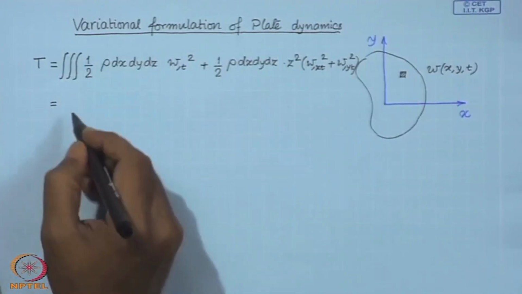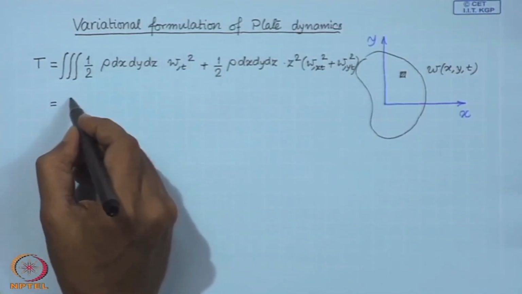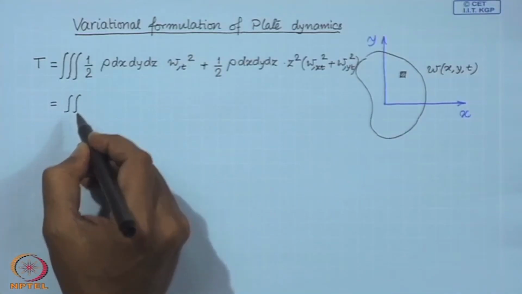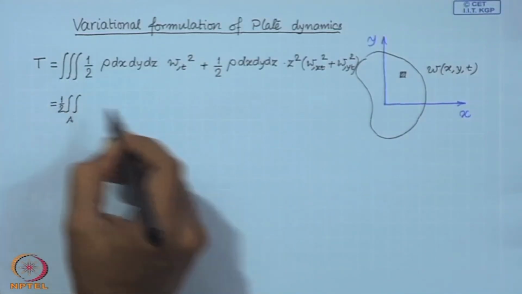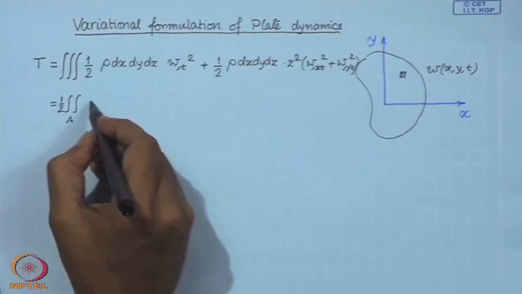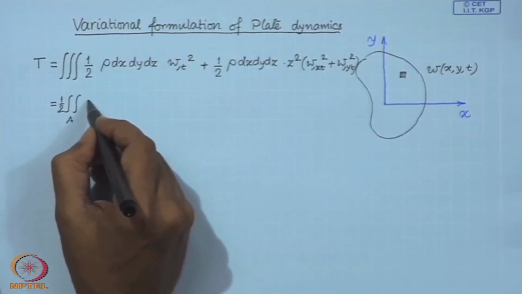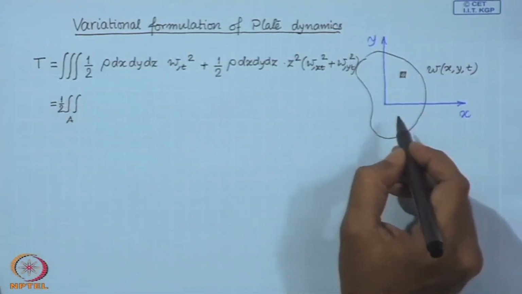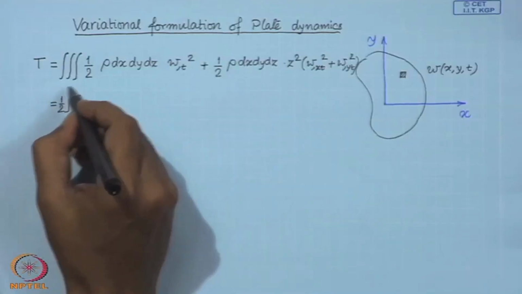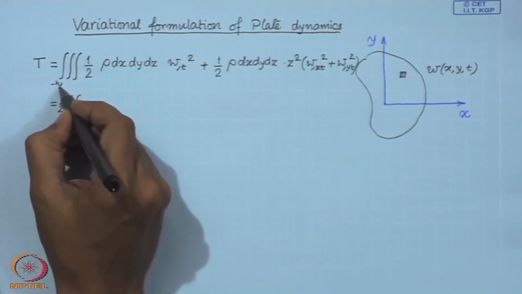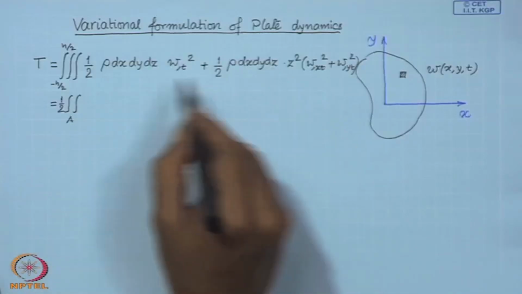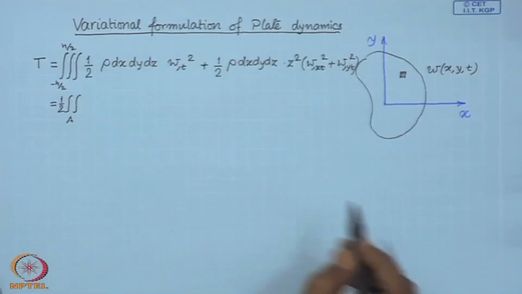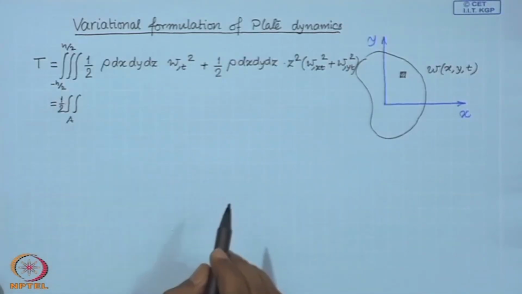So, z can be integrated out. The z coordinate goes from minus h by 2 to h by 2, where h is the thickness of the plate.